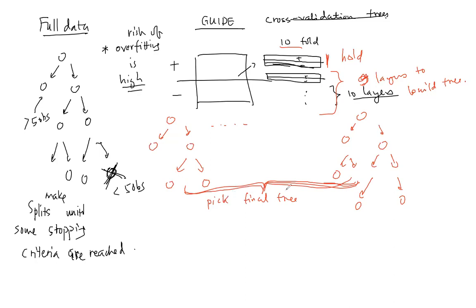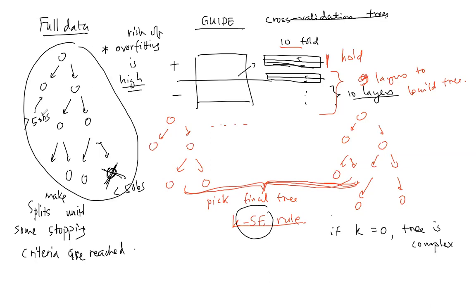The final tree that will be reported is picked based on the K SE rule. This K is a parameter in GUIDE that controls the complexity of the tree that you want to have. If K is 0, the tree is complex. In fact, when K is 0, the tree is just the tree using the full data. If K is higher, then the tree is simpler.